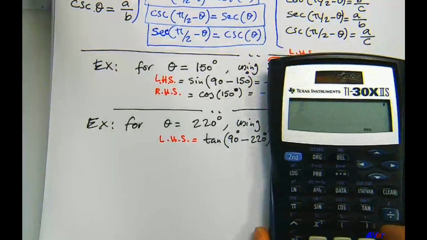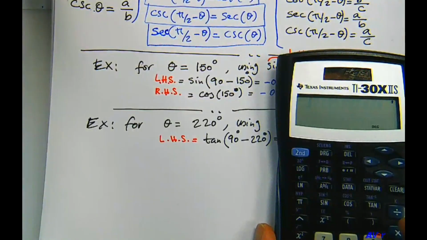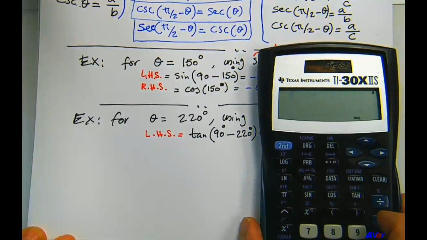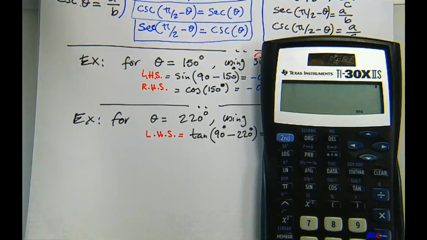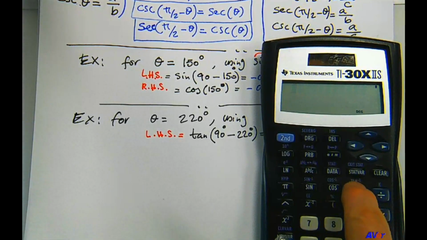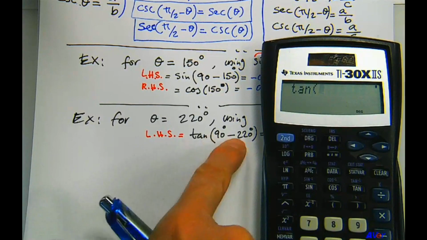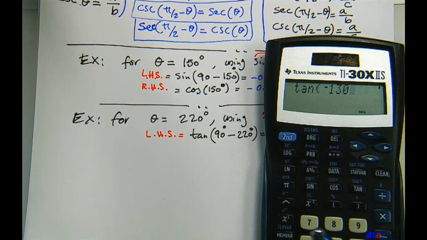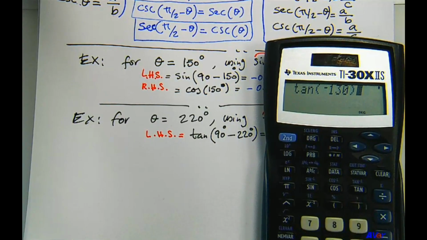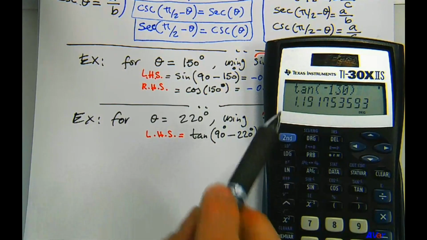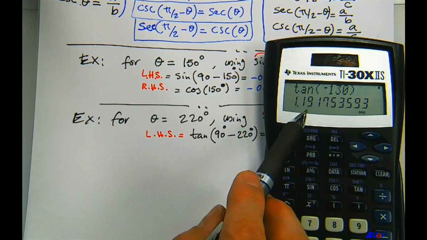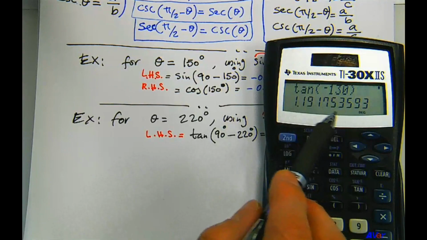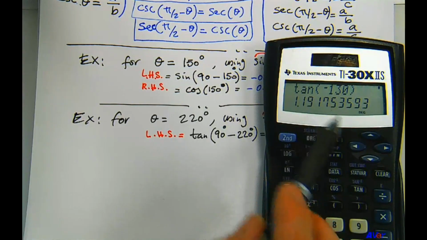I want to put this where you can see both that expression and the calculator. I think this should be okay. So tangent of 90 minus 220 is minus 130, close parentheses, enter. What do we get? We get 1.19175.